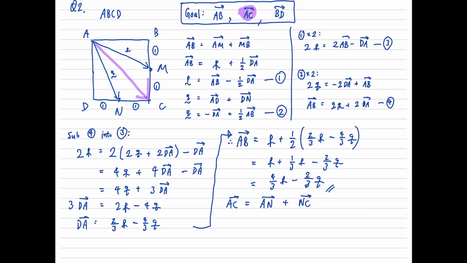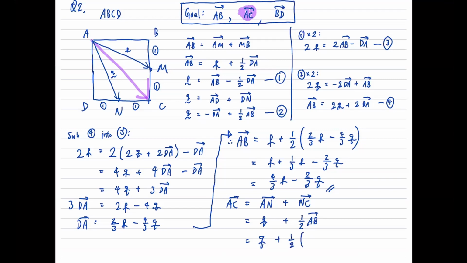But why is that useful? Because I know that AN is vector Q, but NC is really just half of AB. Can you see? Yeah, it's half of AB. So that means that we can just use the answer from before, sub in the vector AB.